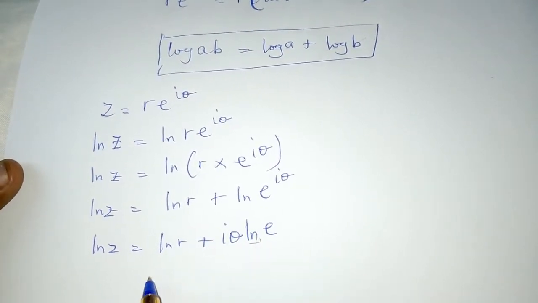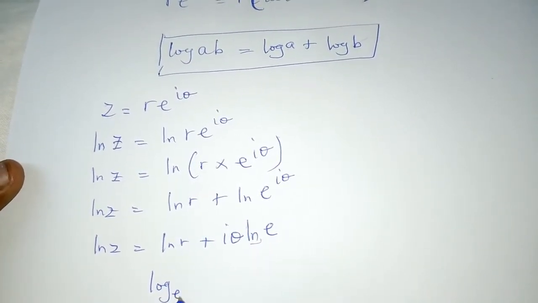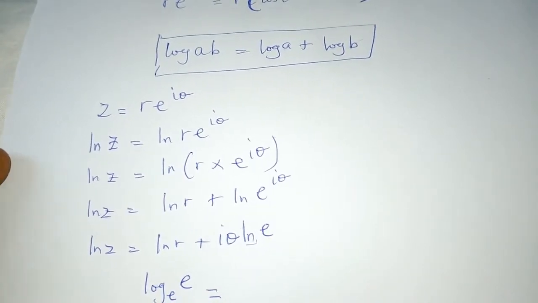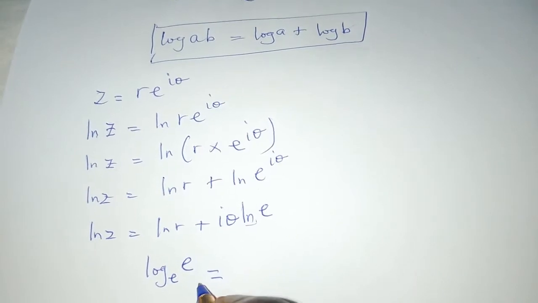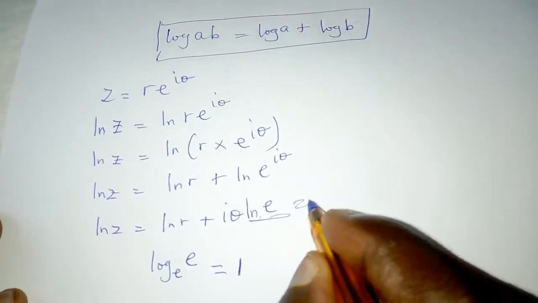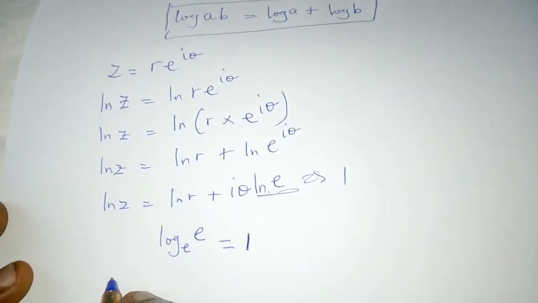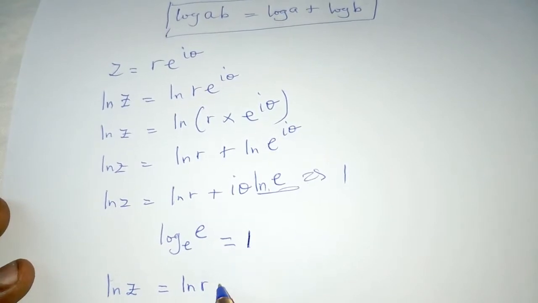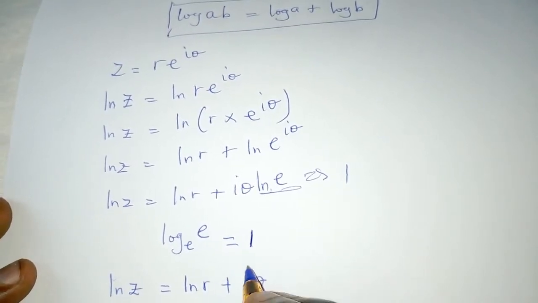Now we know natural log to be log base e, and then we have this e here, and the log of a number to the same base is equal to 1, and so this is equal to 1. So our equation turns out to be natural log of r plus i theta.